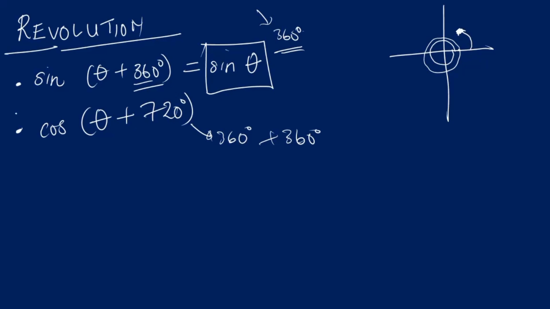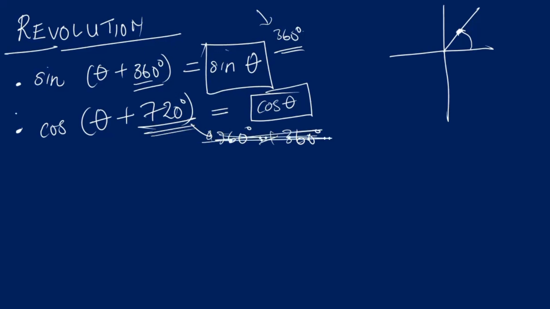I end up there. But then again, whether I move 2 revolutions or what, I still land here and nothing changes. So this is the same as the cosine of theta, right? These 2 revolutions that happened are not necessary. All set.